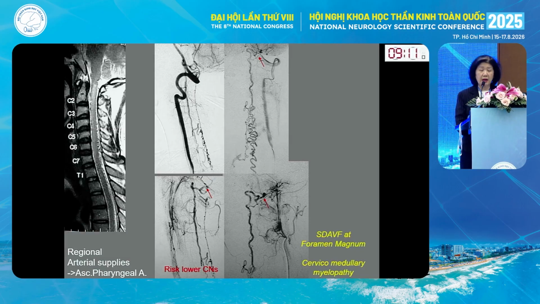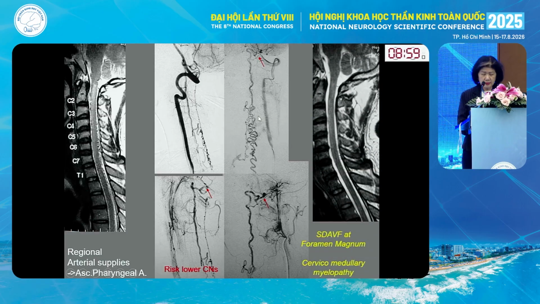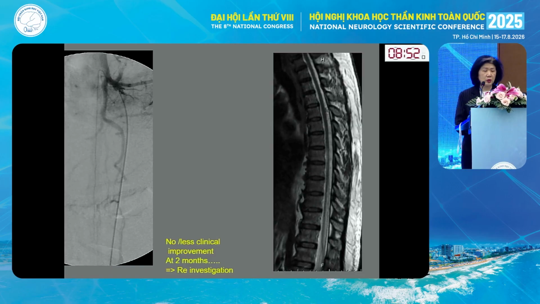And now you see that by injection of this ascending pharyngeal artery, you see clearly the shunt located there. By injecting the vertebral artery, you may be confused about where to occlude this shunt. And this is how we can treat the patient, and the patient became normal after the treatment.